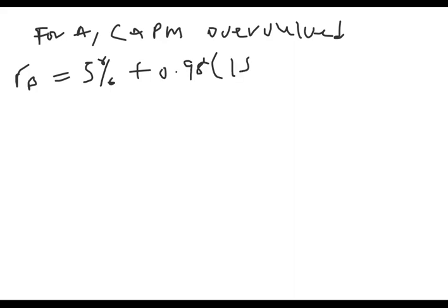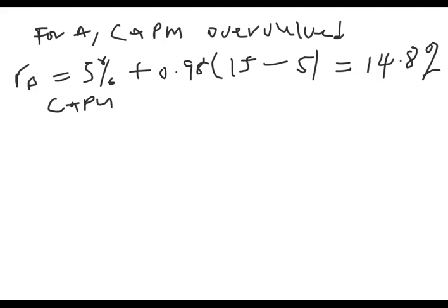And this also gives you 5 plus 0.98 into brackets 15 minus 5, which is 14.8%. That means CAPM exactly estimated it, because we also had 14.8 again, so it was exact. CAPM exactly estimated it.